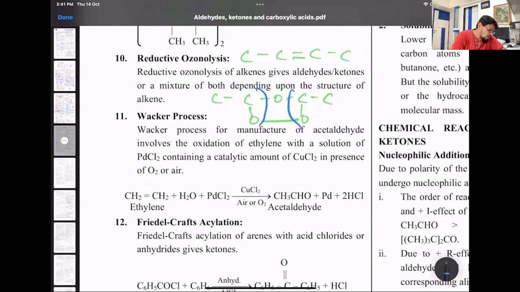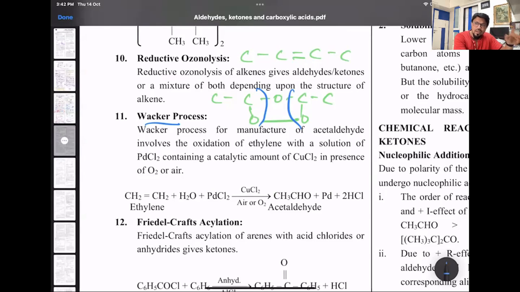If anybody remembers, the Wacker process was in the part of D and F block elements, where D block elements are mainly used as catalysts. CuCl2 is used as a catalyst to convert ethene to acetaldehyde. The reason D block elements are used as catalysts is their availability of variable oxidation states.